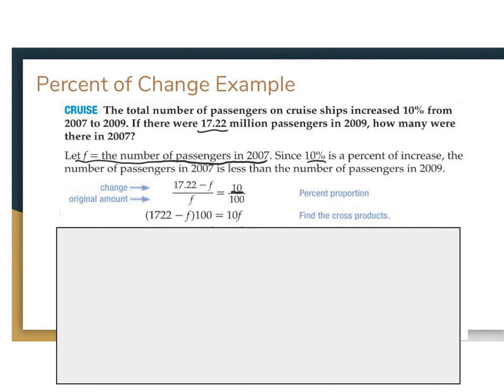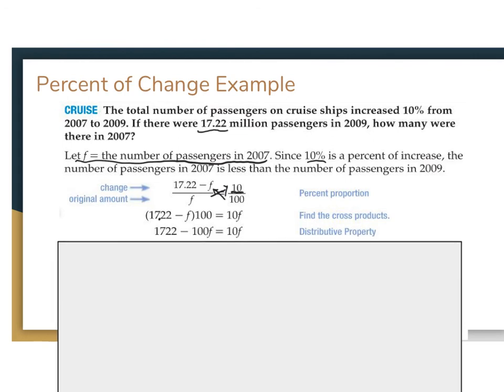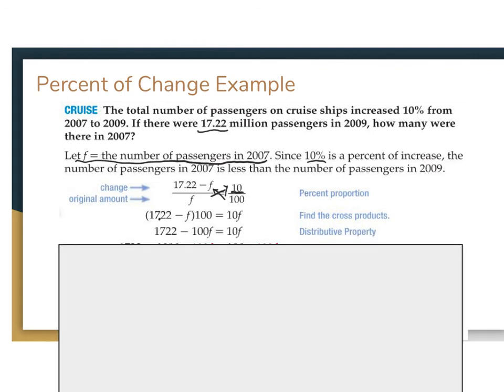Again, we're going to do our cross product. So we're going to multiply 17.22 minus F times 100 is equal to 10F. We get 1722 minus 100F is equal to 10F if we do our distribution property.